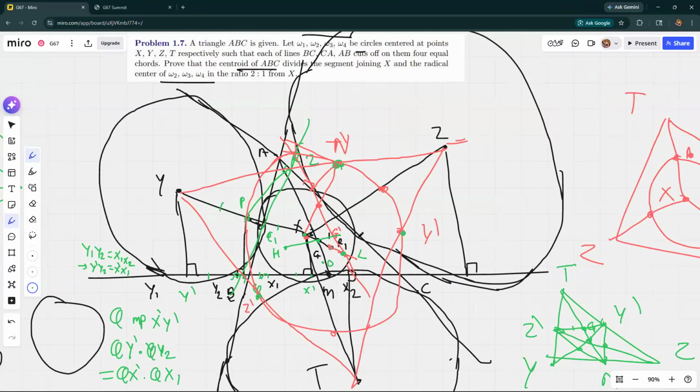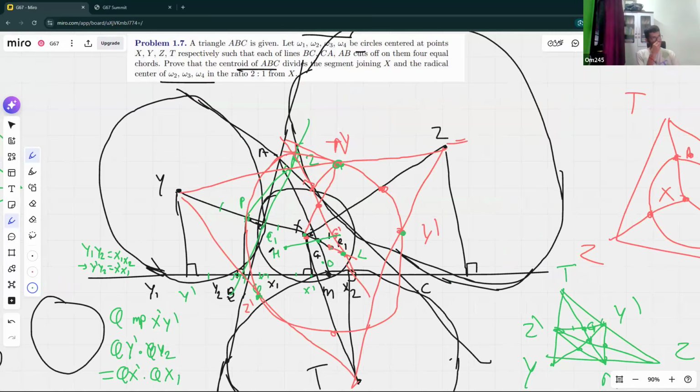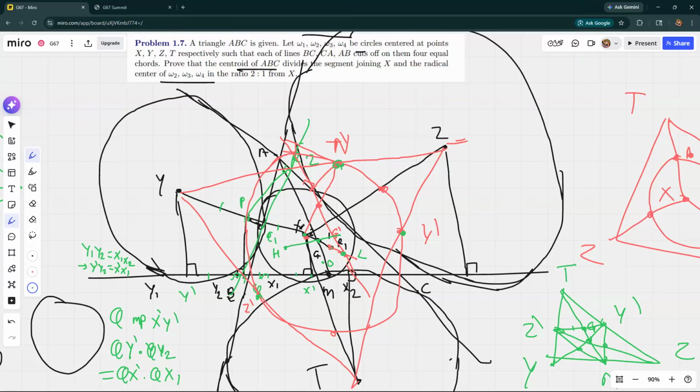Wait, consider a homothety at H with ratio 1:2. You drew the green radical axis, right? So then that radical axis will go to the perpendicular bisector of XY, because of the Simpson line homothety bisecting.